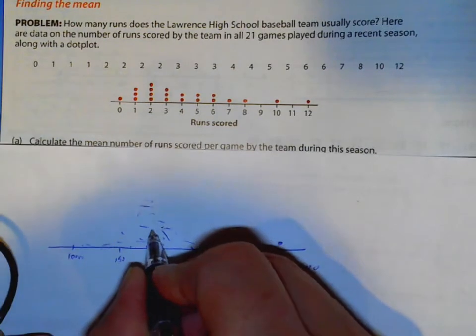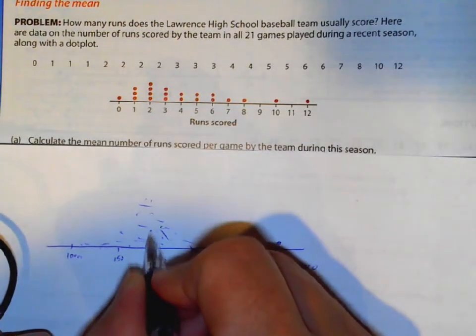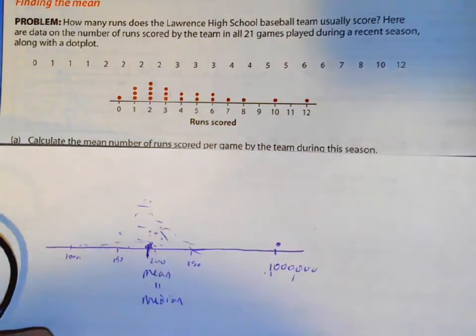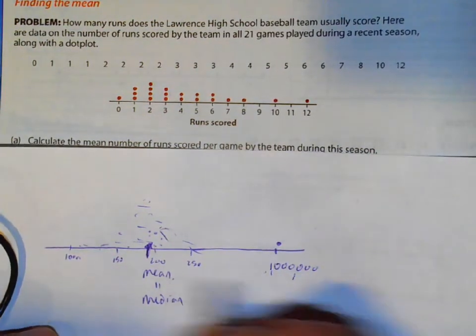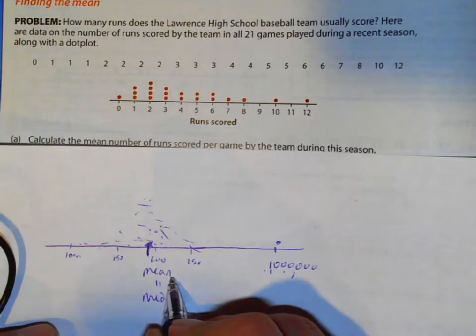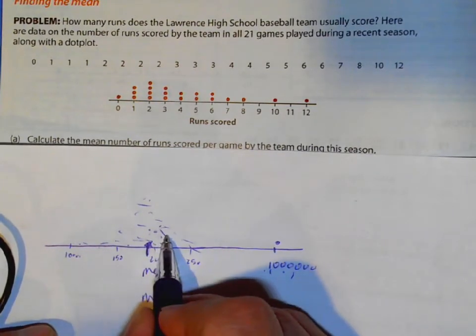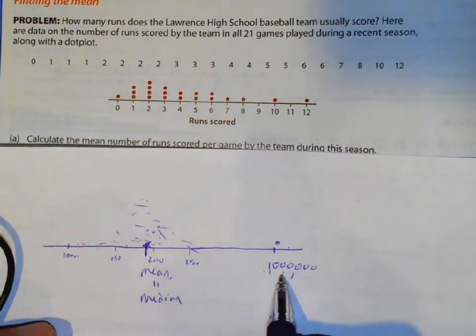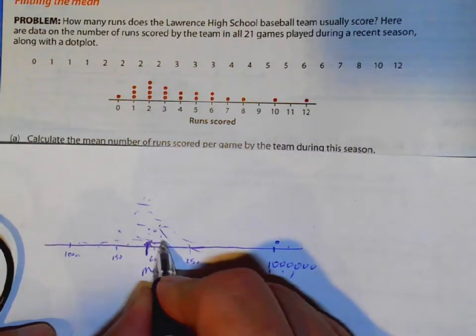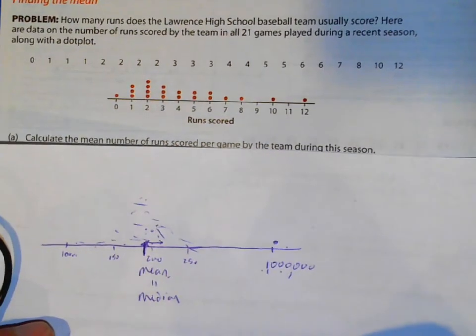Not really. The middle number was here; it might be in that same spot, or it might move over just a tad. But if I add this number to my mean, so I have all these numbers here, add this number to it and divide by how many there are, that number really brings our mean up in this direction.